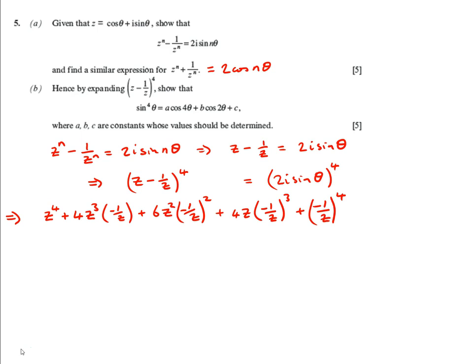On the right hand side, I've got 2i sin theta to the power 4, which is 2 to the 4, times i to the 4, which is 1, times sin theta to the power 4. So we've got 2 to the 4 is 16, i to the 4 is 1, times sin theta to the power 4. So that's 16 sin to the 4 theta.